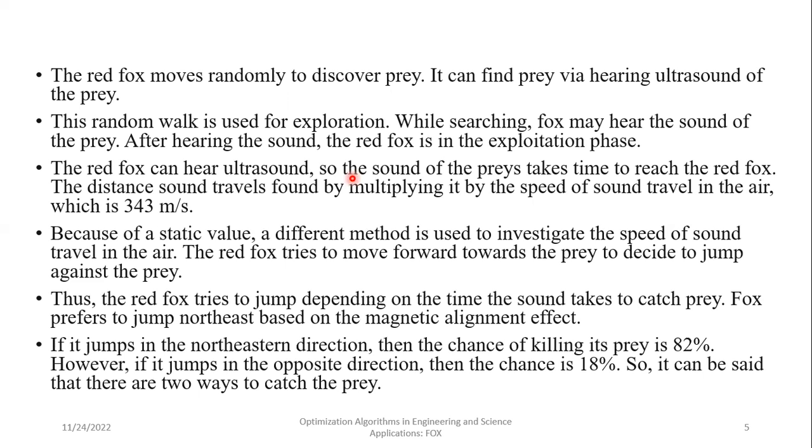If it jumps in the northeast direction, the likelihood of killing the prey is 82%. If the jump is in the opposite direction, the likelihood of killing the prey is 18%. So there are two ways to catch the prey.